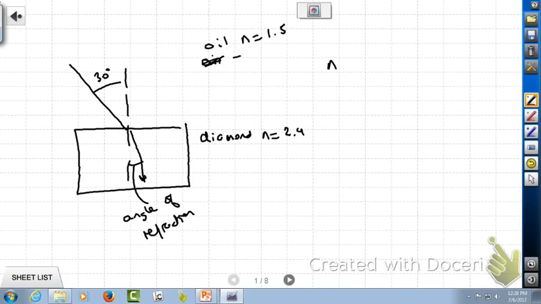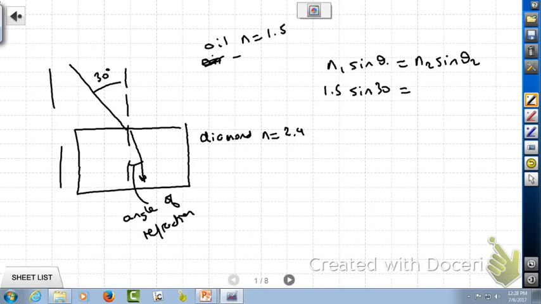So I go, well, n1 sine theta 1 is equal to n2 sine theta 2. Let's call this the 1 side and that the 2 side. So 1.5 sine 30 is equal to 2.4 sine theta 2. So sine theta 2 is equal to 1.5 sine 30 over 2.4.